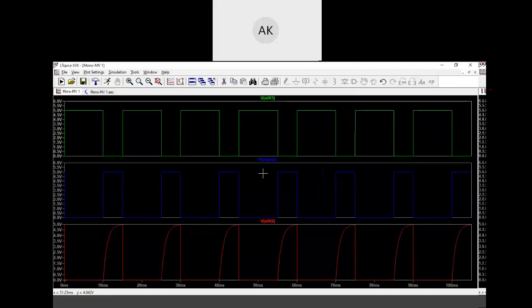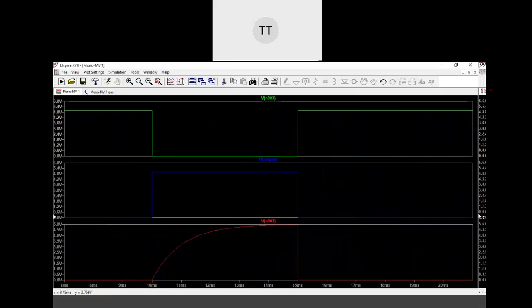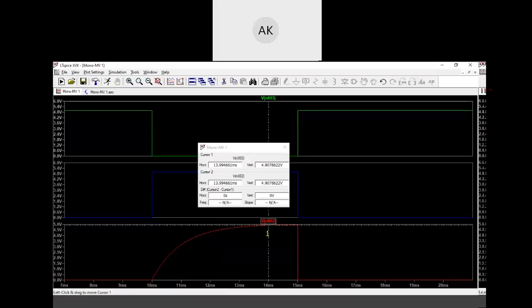See what's happening. Carefully observe this. What was the expected pulse width? 916 microseconds. Shall we measure that?